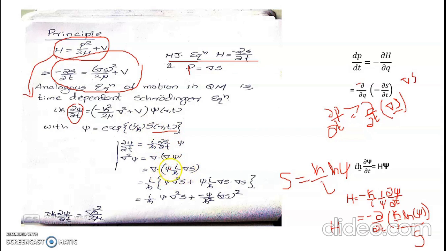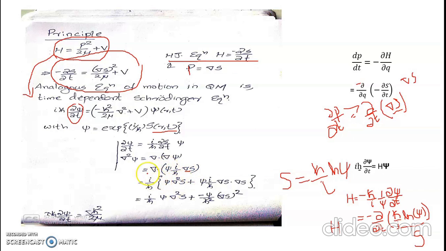Now psi is also dependent on position, and grad S is also a vector depending upon position. So this divergence has to be taken for these two quantities, and i by h cross is constant, so i by h cross is taken out. Del dot psi grad S is of the form divergence of a vector grad S and a scalar psi.